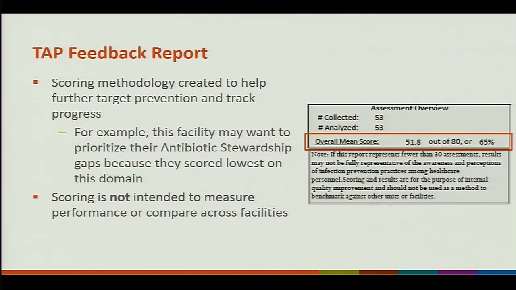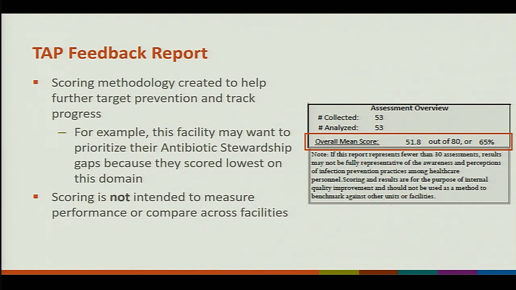For each of these assessment feedback reports, we've applied a scoring methodology. We've done this so that we have another way to use our data for action. We're continuing the theme of using data for action. But it's important to note that these scores applied to the feedback report are not meant to measure performance. They're not meant to compare one facility to another facility. They're not linked to NHSN. There are no implications based on the scoring other than to help further identify gaps.